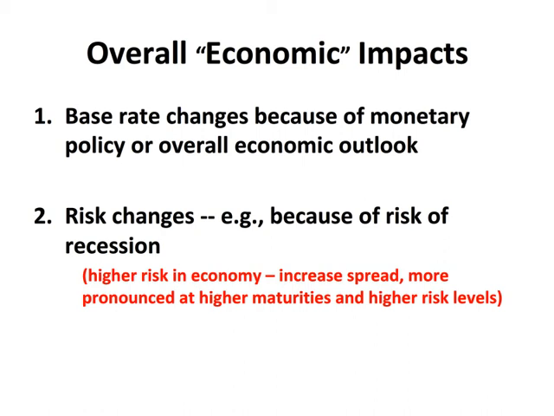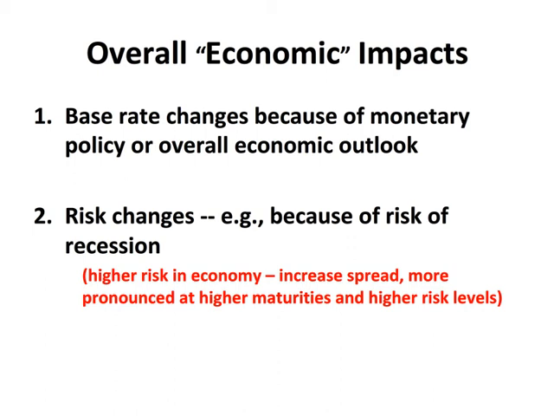The other thing that will change the structure of interest rates will be risk changes, and an example of that would be the risk of recession. If that increases, the chance of default on riskier bonds increases, so you would expect to see the spreads of those bonds increase.